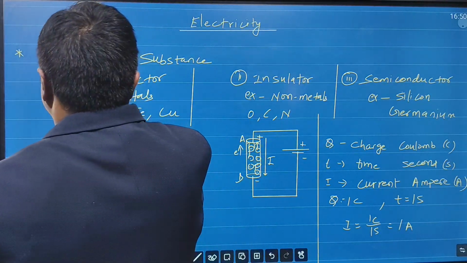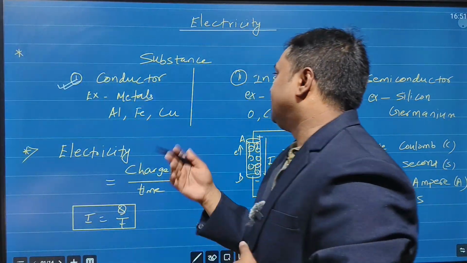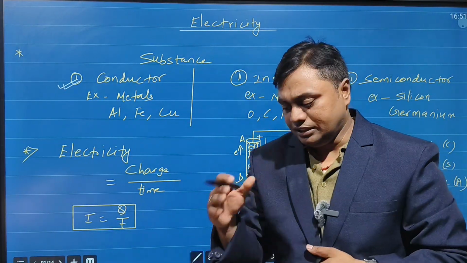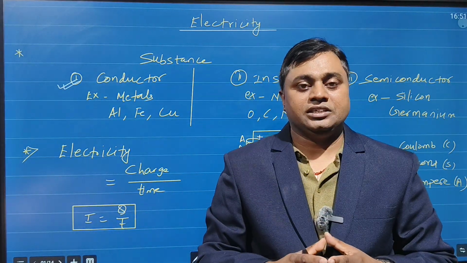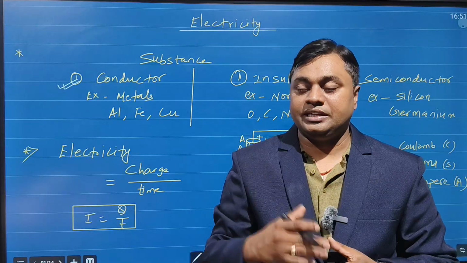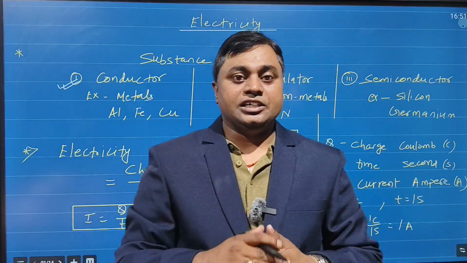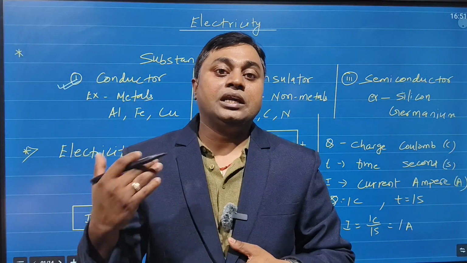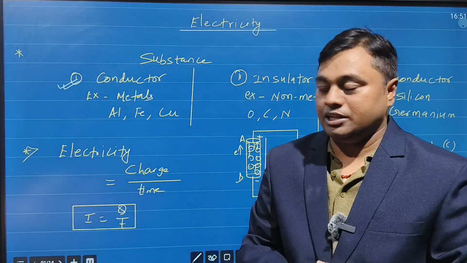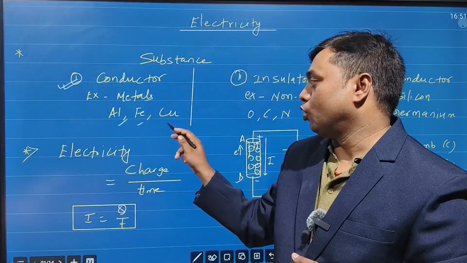First point, we talk about the conductor and insulator. In physics, we classify all the materials into basically three categories. One is conductor, other is insulator, and third one is semiconductor. Conductor means which will allow the electric current to pass through them easily, like the metals aluminum, iron, copper.